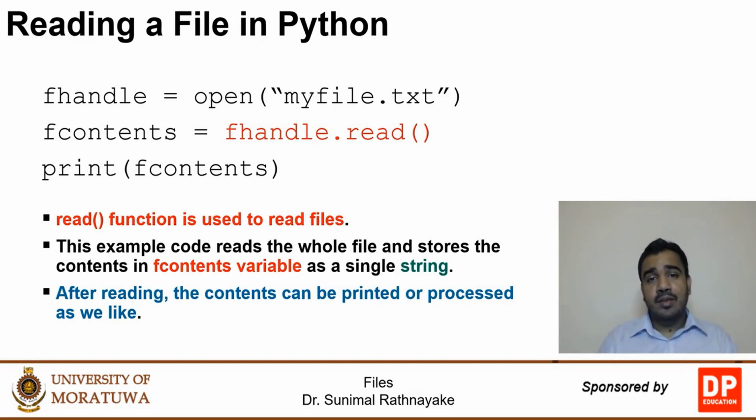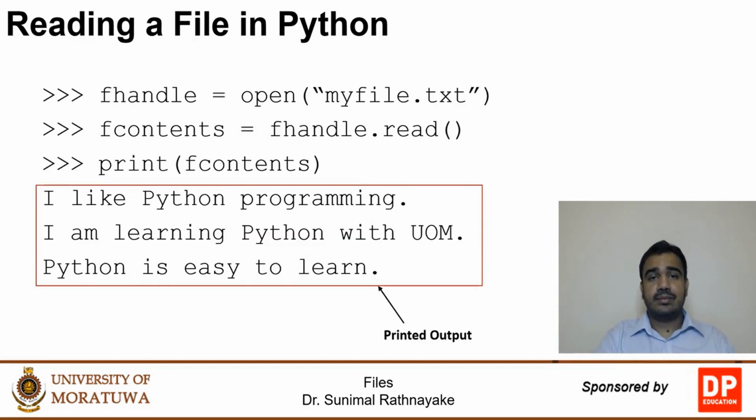The contents can be processed like any other string variable. In our example, after reading contents into the fcontents variable, the third line prints them. This is the expected output of the example code shown here. The contents of the file myfile.txt will be printed on the terminal as shown.